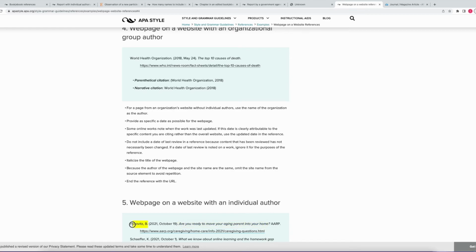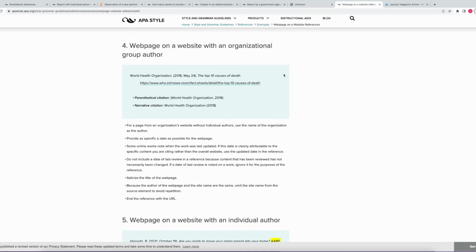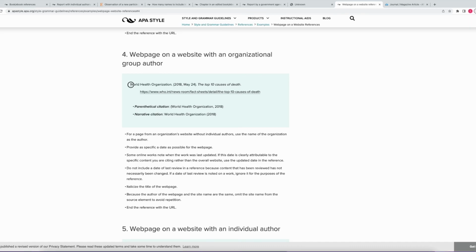The author is Horowitz B. So if this guy dropped off, didn't exist, what you would do is move AARP into the author position, like this one here, where you have the World Health Organization up top. So in this case, there's no real person and there's only one organization, or that publisher organization is the author and the publisher are the same thing. So you're only going to list the World Health Organization once.